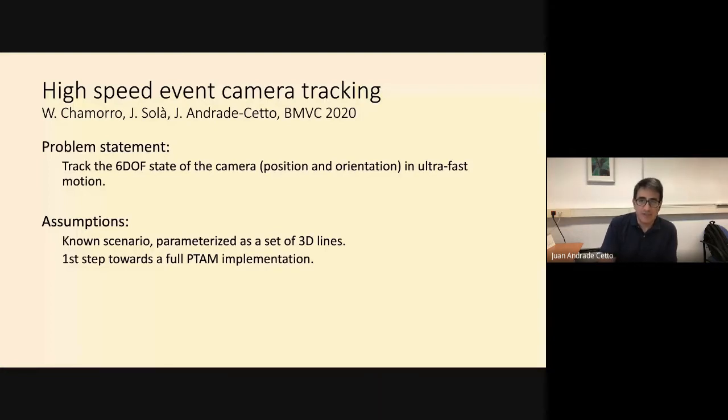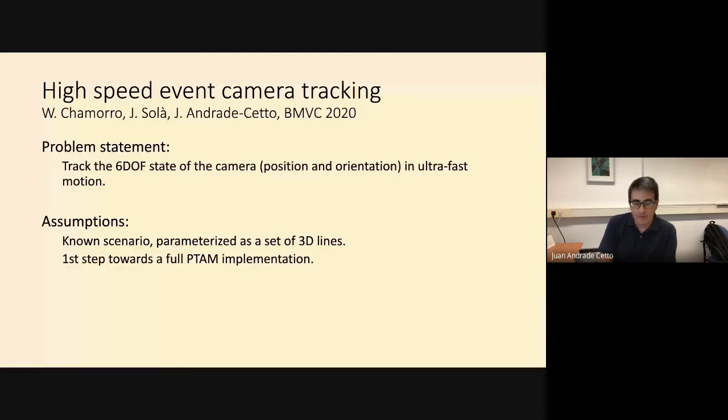Then we take a 100 millisecond temporal window of events. We project those events to the image plane. What we do is choose those events in the image that would be candidates to match with some of the lines that we have in our map.